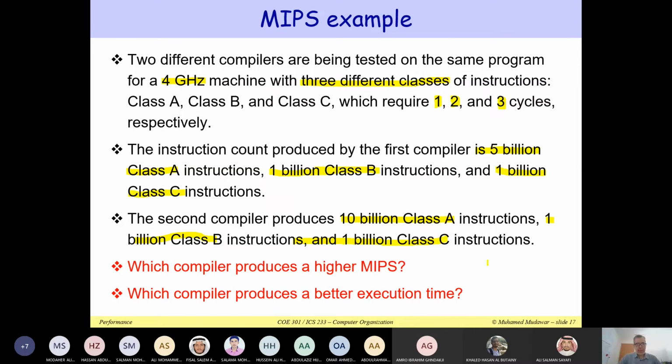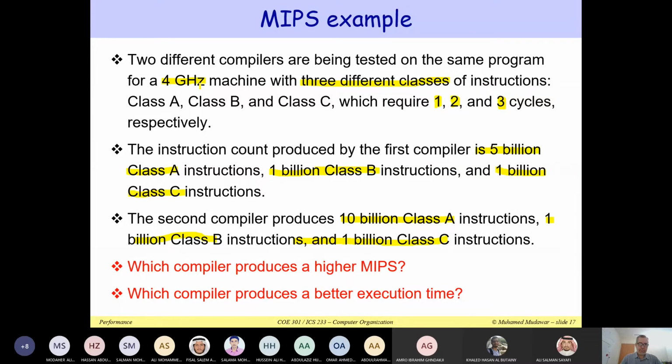Now the question is which compiler produces a higher MIPS rating and which compiler produces a better execution time? These are the two questions. How do I calculate the MIPS rating for these two compilers, and how do I calculate the execution time? Notice that it says for a 4 gigahertz machine, so the count of instructions is given and the clock frequency is given.